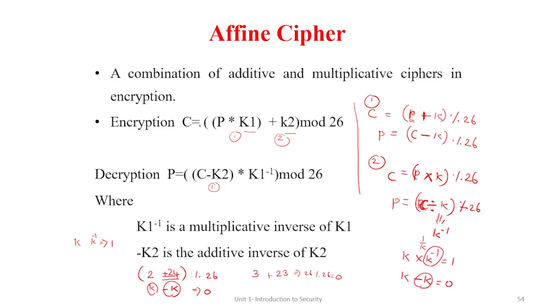And the second technique is the affine cipher. So in the Caesar cipher we can also do a multiplication operation. So encryption means we can do a multiplication operation: P into K mod 26. If you want to do decryption, P is equal to C divided by K mod 26.